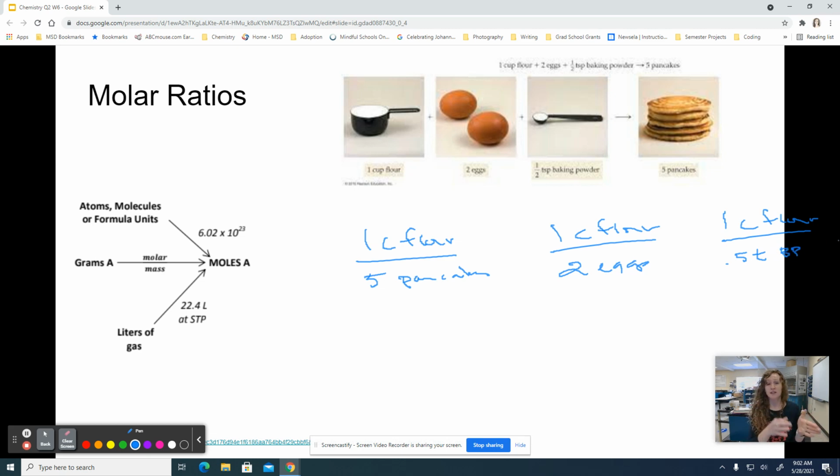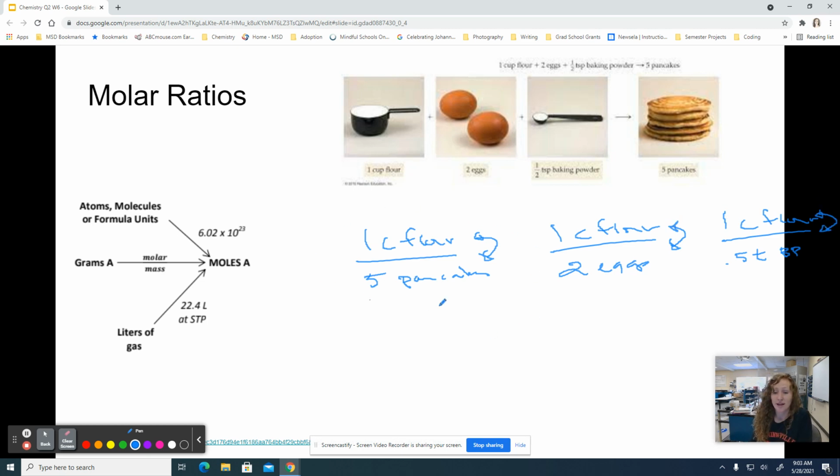So just looking at flour and the relationship of flour to all of these things, I can write 3 different conversion factors, and I can flip all of those, right? If I need pancakes on the top and flour on the bottom, that's legal to do. I can flip all of these. So really, I can write 6.